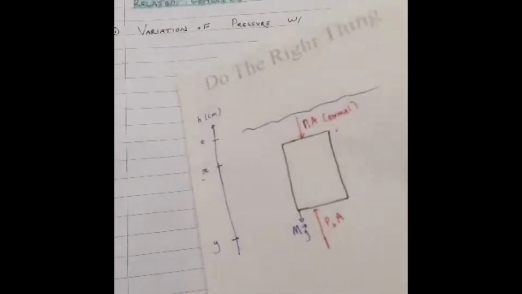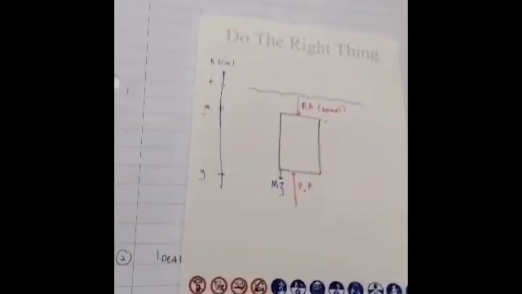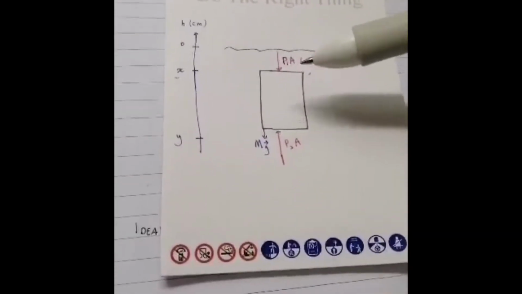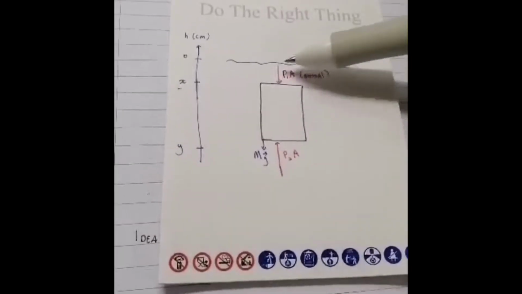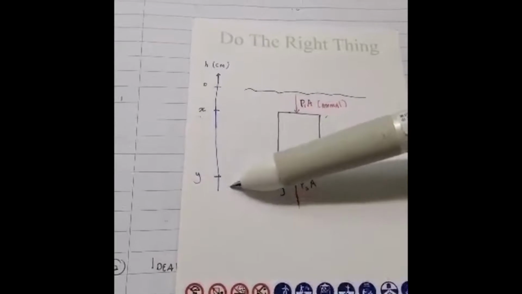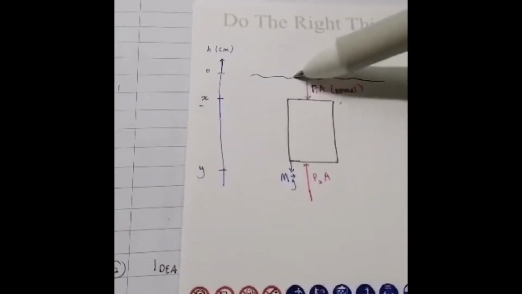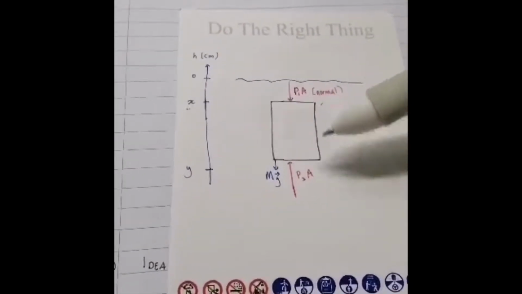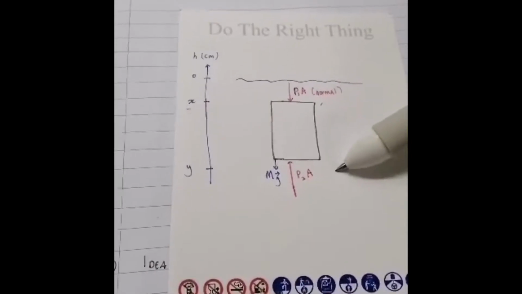The concept related to this question is the variation of pressure with depth. What we have here is an object suspended in water between position X and Y, and the volume of the water is in equilibrium.